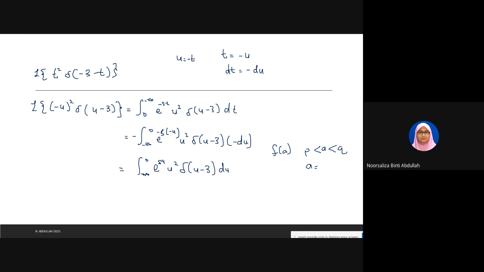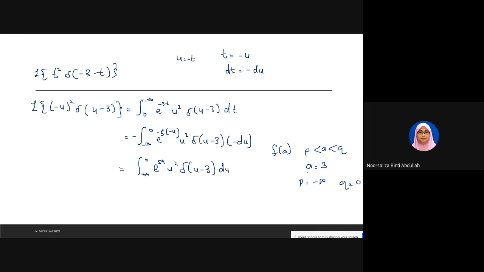3 ke minus 3? 3. What is your P? Apa nilai P awak? Negative infinity. What is your Q? 0.